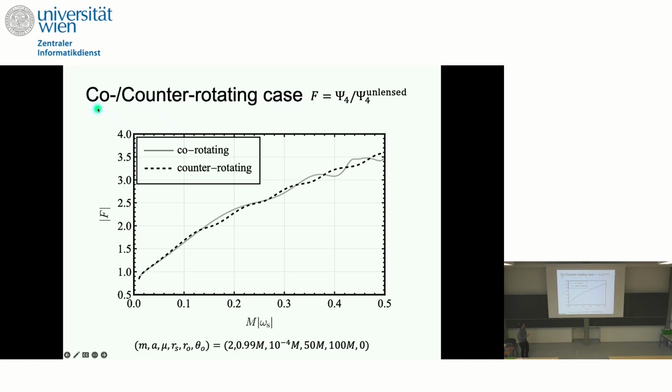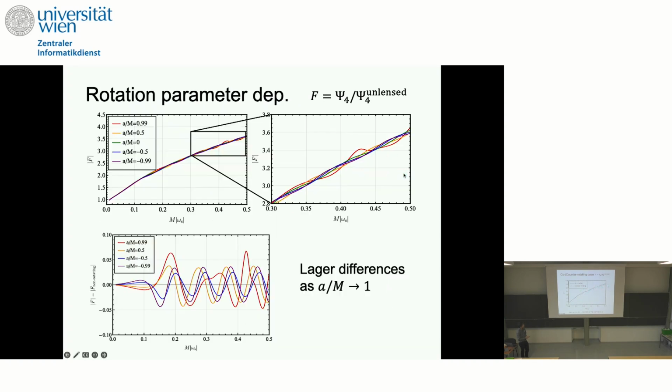On the other hand, this is a co-rotating and counter-rotating comparison. We have different beating patterns, and such patterns are also dependent on the rotation parameter of the lens black hole. If you zoom in, you can see this red line has the highest deviation.